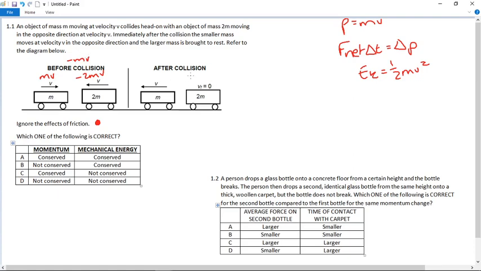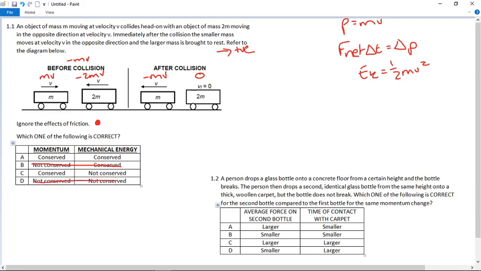And over here, after the collision, the mv here is going to be 0 because the velocity is 0, and the momentum here is minus mv. So that shows us that, you realize I'm saying this direction is positive, yes? Because momentum is a vector. So the momentum is conserved, which leaves us with A and C, okay?